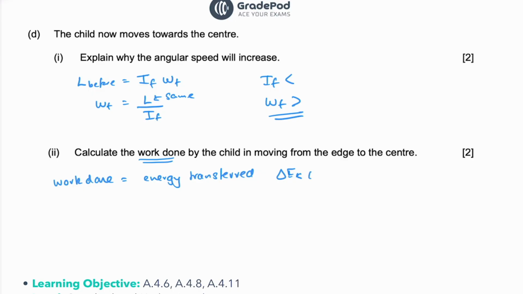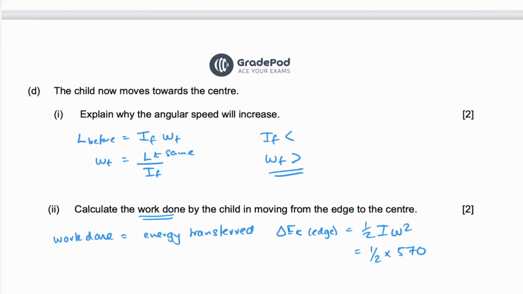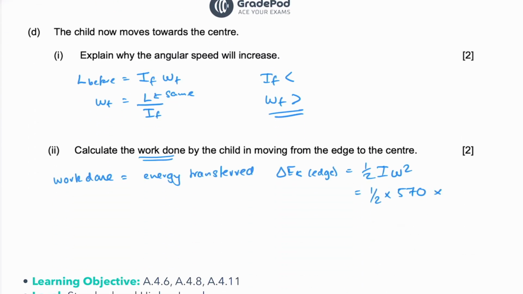So the kinetic energy at the edge is equal to a half I omega squared, which is a half times 570, which is the new moment of inertia. Let me just check. Yep. Times 1.37 squared, which was the angular speed. That gives us a value of 131 joules.